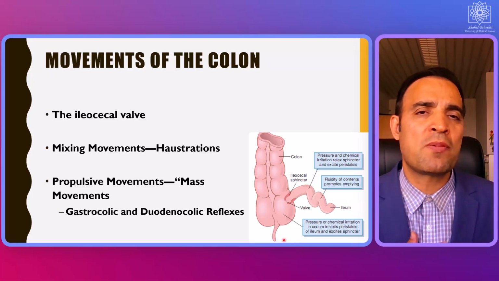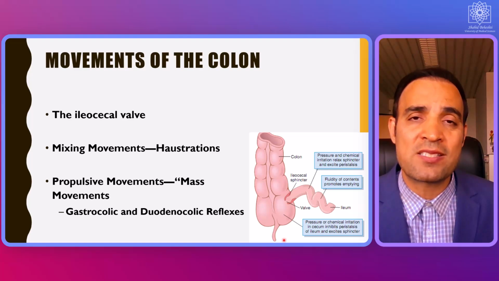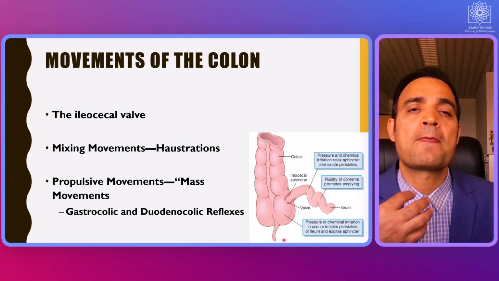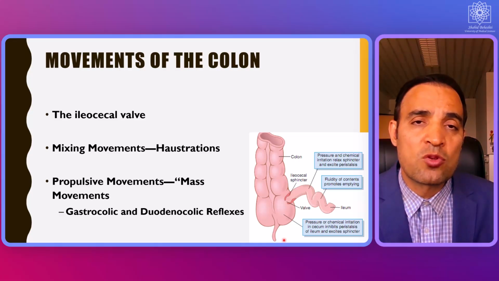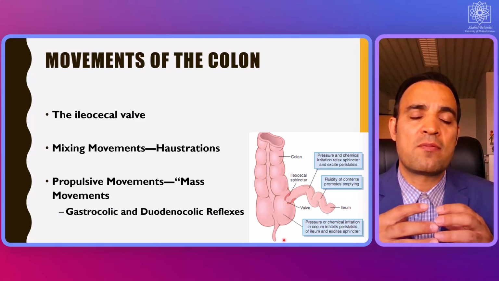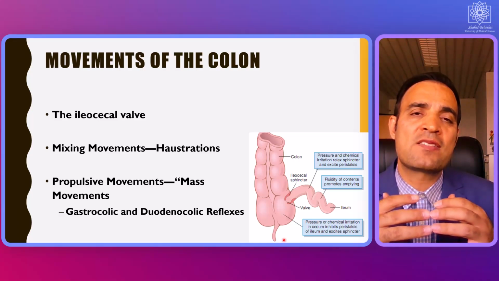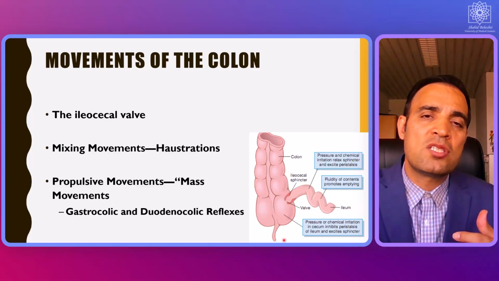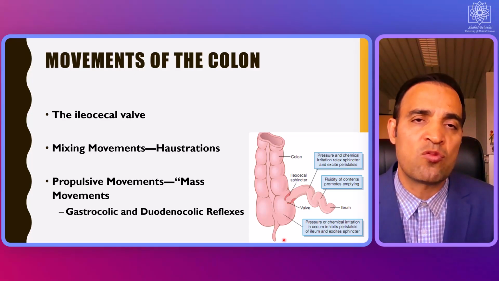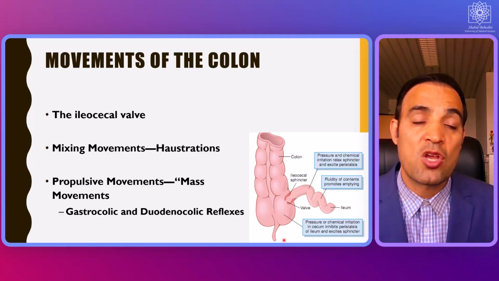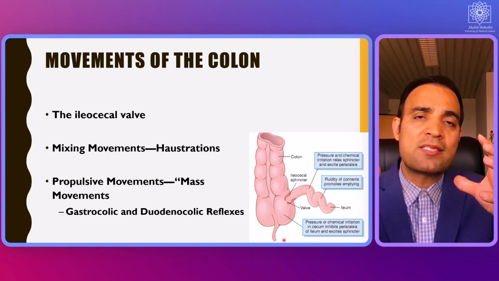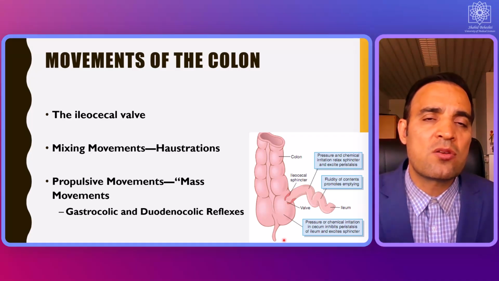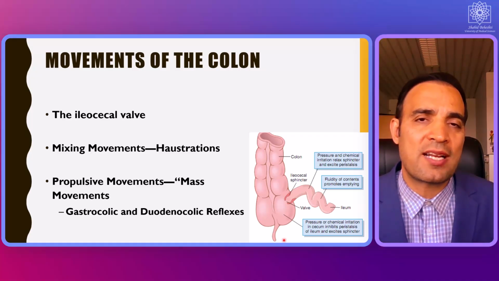For example, you remember I told you about the breakfast reflex. After breakfast, when we have stomach stretching, the stomach will send a signal to the colon and stimulate its movement. It is named the gastrocolic reflex. Or when the duodenum is stretched, in advance, it sends a signal to the colon that stimulates its contraction.